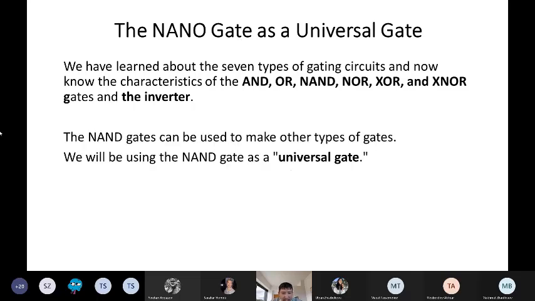For this reason we call the NAND gate a universal gate. And if you search some integrated circuits, you will find that the NAND gate is more popular than other ones, because from the NAND gate you can assemble other logical gates.